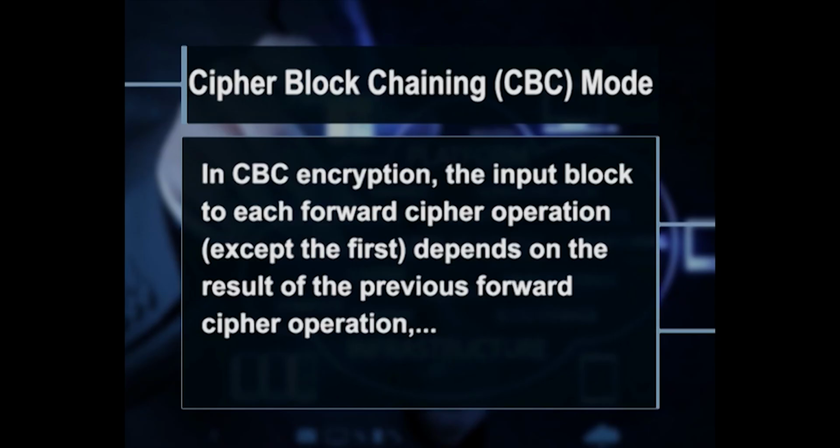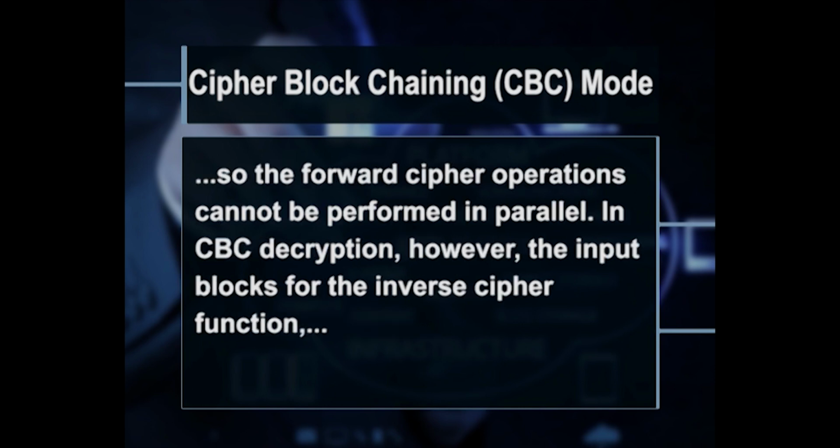In general, to recover any plaintext block except the first, the inverse cipher function is applied to the corresponding ciphertext block and the resulting block is exclusive ORed with the previous ciphertext block. In CBC encryption, the input block to each forward cipher operation except the first depends on the result of the previous forward cipher operation.